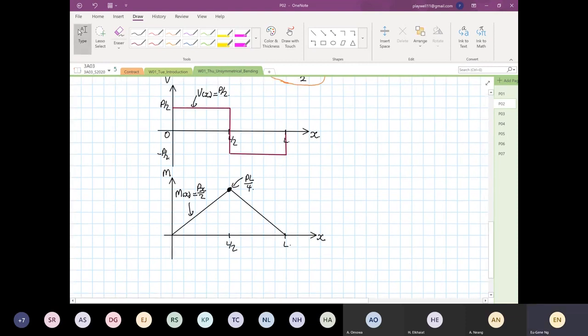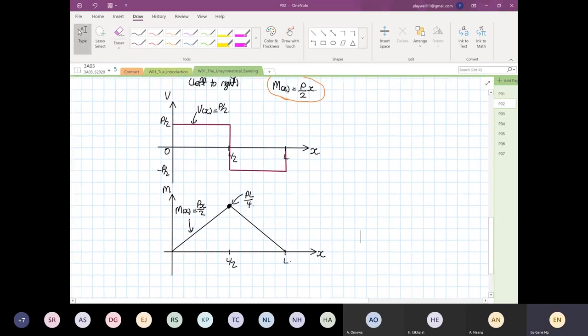Can someone tell me what is the relationship between the shear force and bending moment diagram? I know we are doing pure bending, but I want to recap this very quickly. Not very quickly, but I want to recap this so that in future courses you will have less problem.